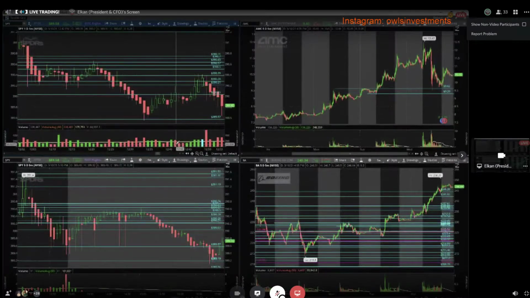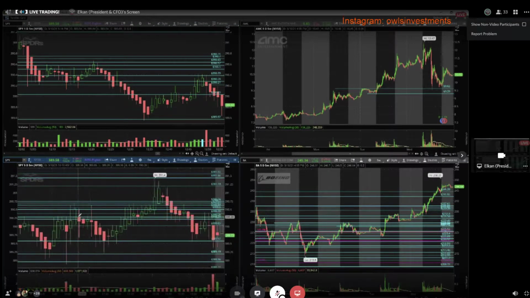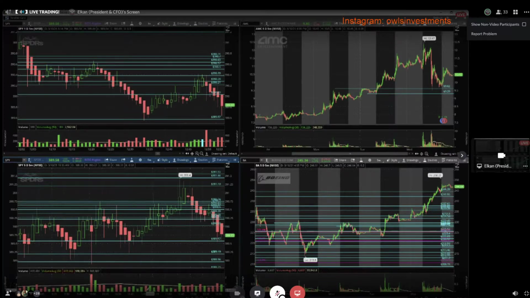The red bars indicate more sellers, the green bars indicate more buyers, and the blue indicate equality. Same thing with the 5 minutes, but now every single one of these bars is going to be 5 minutes instead of 1 minute. So I want to see volume on both, ideally.